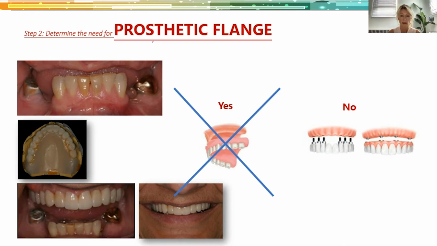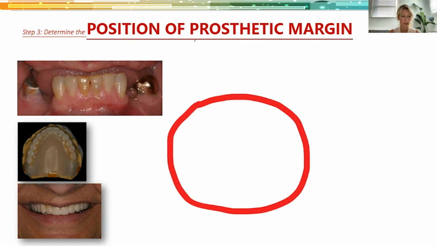So for this case, she decided she doesn't want a prosthetic flange, doesn't need one, so she will go with the fixed implant restoration as a final restoration. And whether or not we will restore with pink or no pink, for this case, we decided to go with no pink, as she had a lot of bone vertically, so there was just no justification to remove even more bone than she had already lost, and she's not a high smile line.